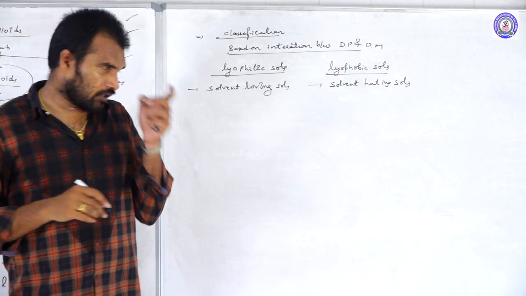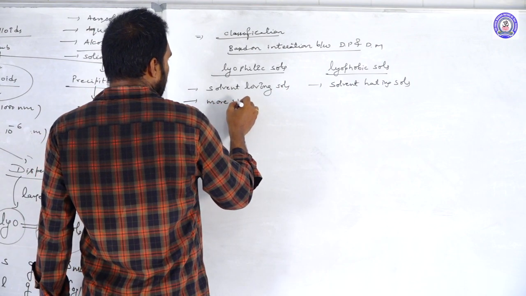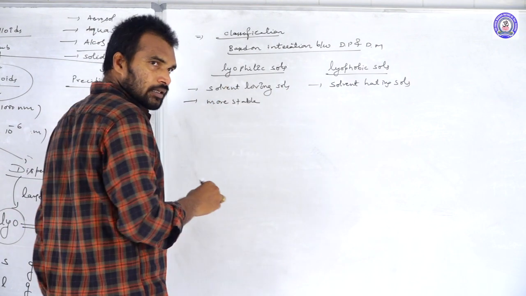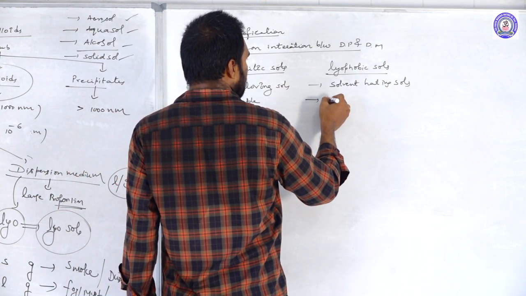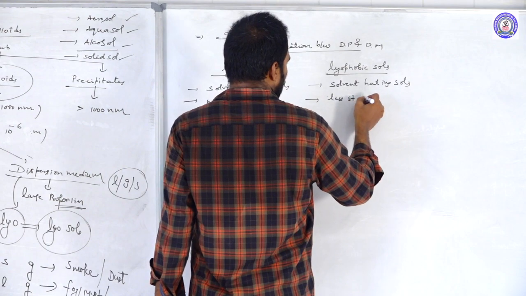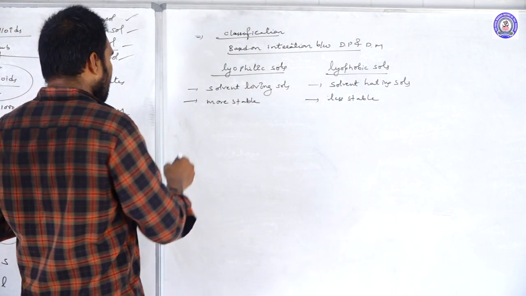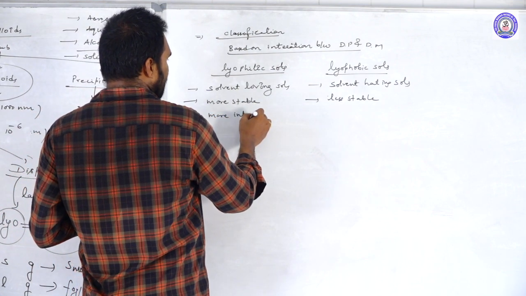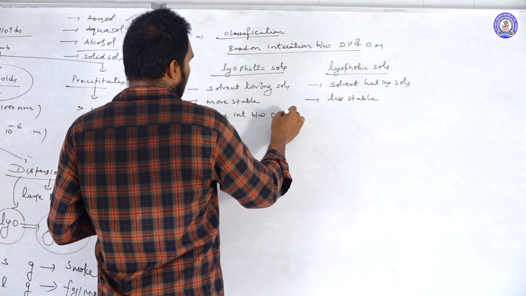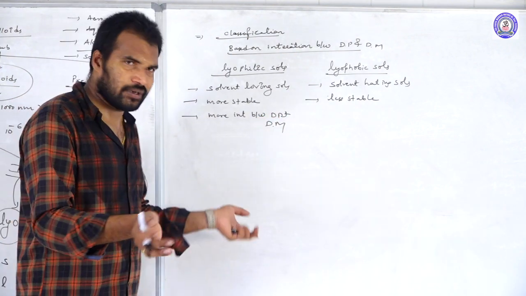Next, these lyophilic sols are more stable. There is no need of any external stabilizing agents, whereas lyophobic are less stable, so we need some stabilizing agents for this. Lyophilic means there are strong interactions between dp and dm, so they can uniformly mix.